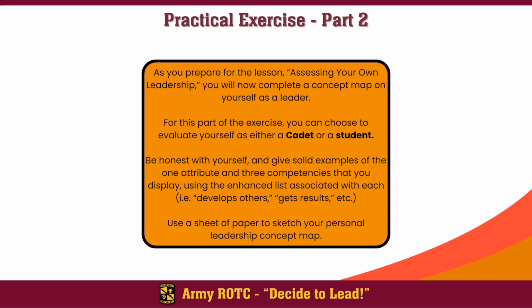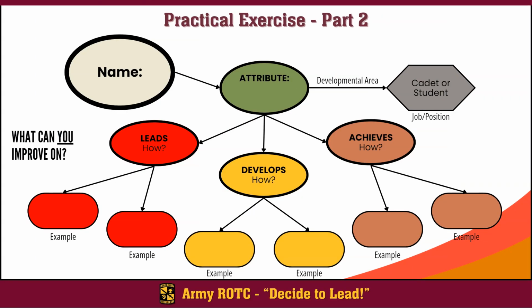But I really want you to be honest with yourself and give solid examples of the 1 attribute and 3 competencies that you display. And I want you to use that enhanced list associated with each. So develops others, gets results, etc. Go ahead and use another sheet of paper and sketch out your personal leadership concept map. And don't forget to think about what you could improve on. It should look like this.